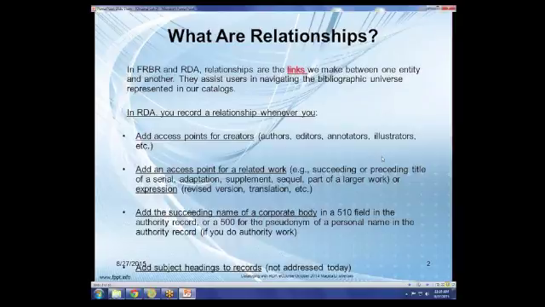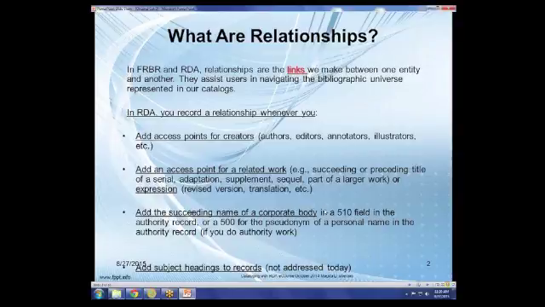We talked about in group 1, you have the different levels: work, expression, manifestation, and item. I'll say again that these access points capture relationships at different levels. You can have relationships between a person and a work at the work level, at the expression level, manifestation, or item level.